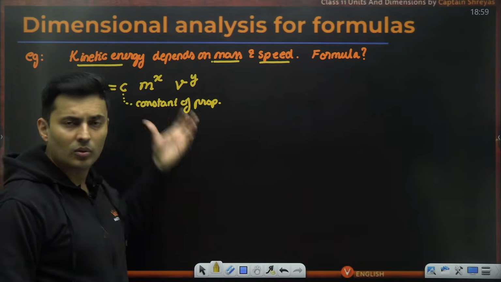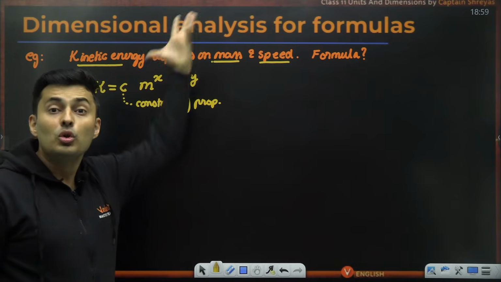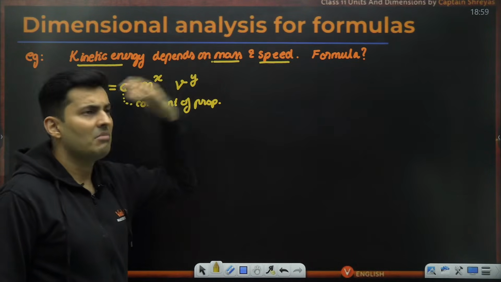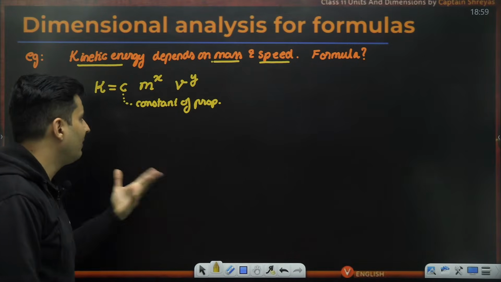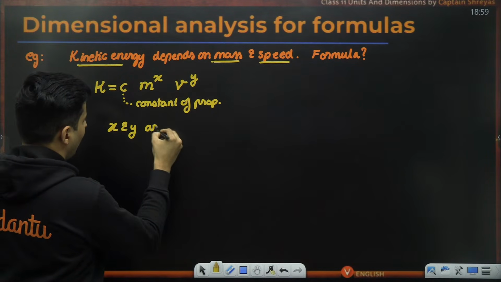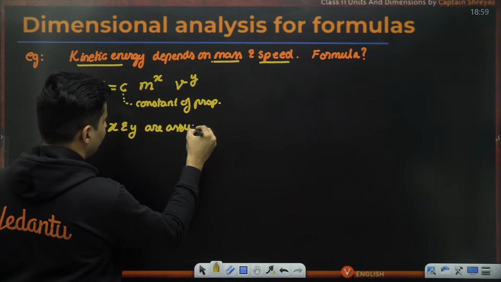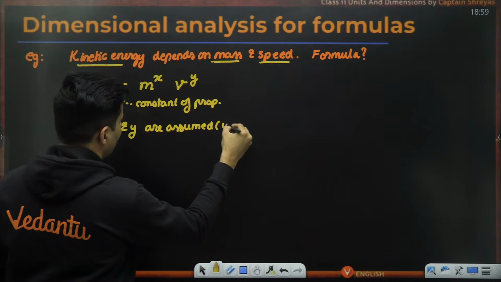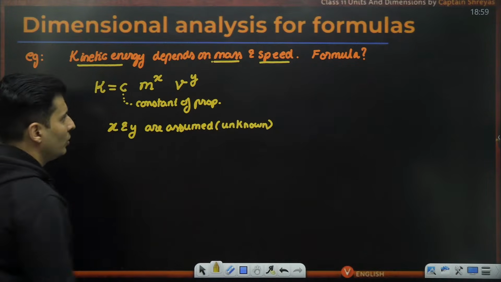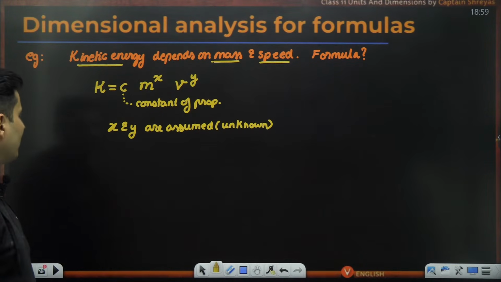And that is the only way when I can use this method to figure out the formula. x and y, I do not know. x and y are assumed. They are basically unknowns. In fact, that's what we are going to do now to find the formula.